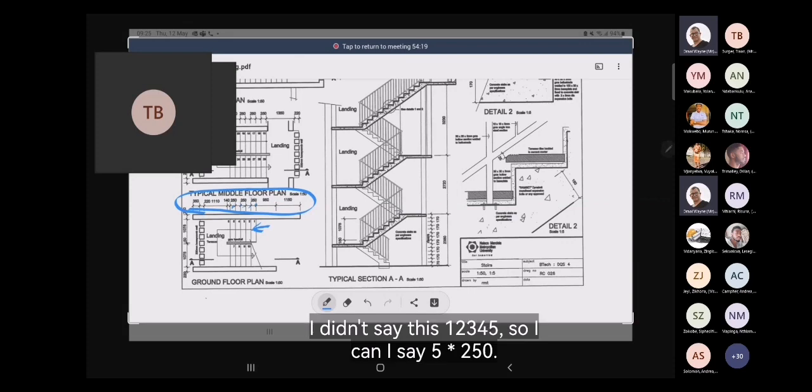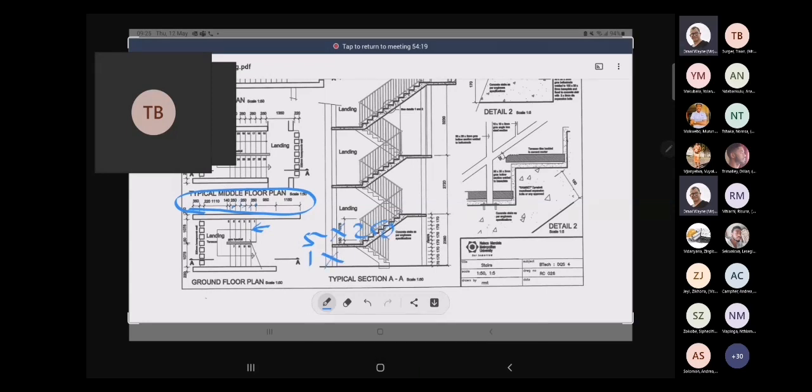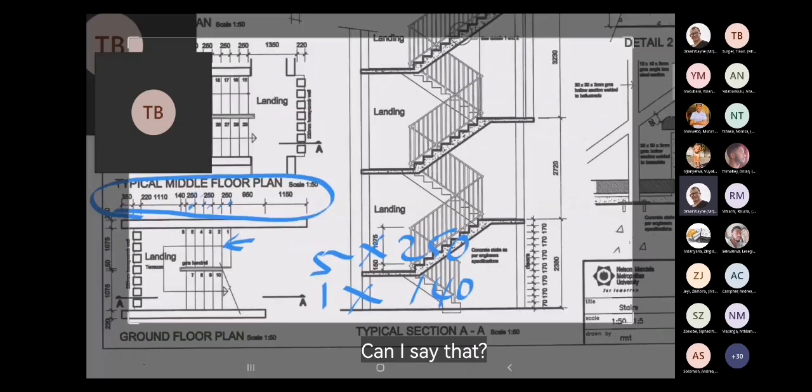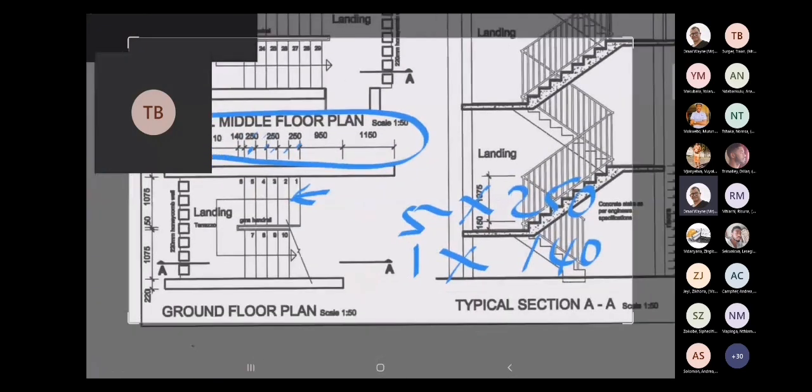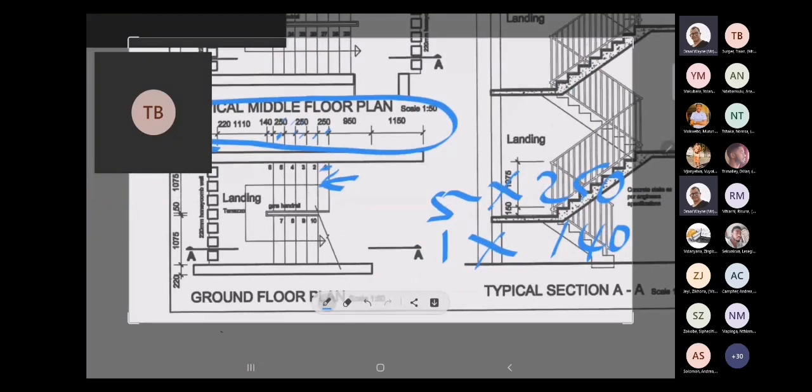I'll then say it is 1, 2, 3, 4, 5. So can I say 5 times 250 and 1 times 140 for horizontal? Can I say that? So then we determine it's 250, 250, 250, 250, 250.